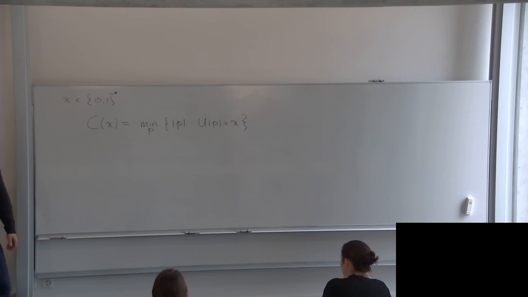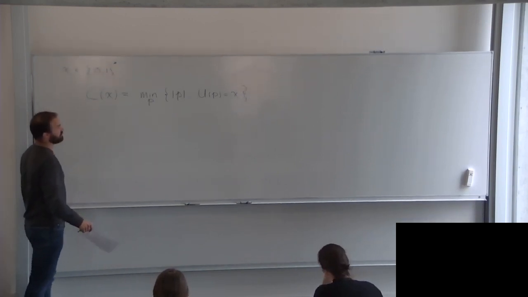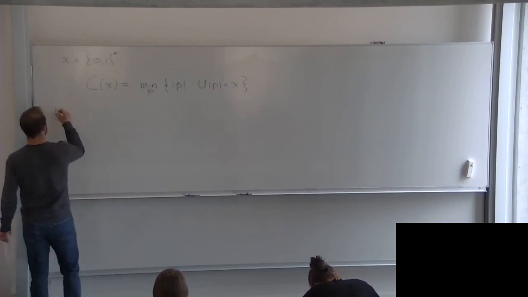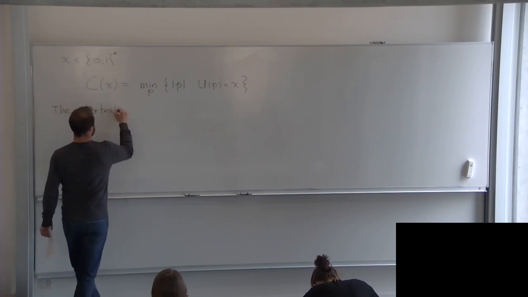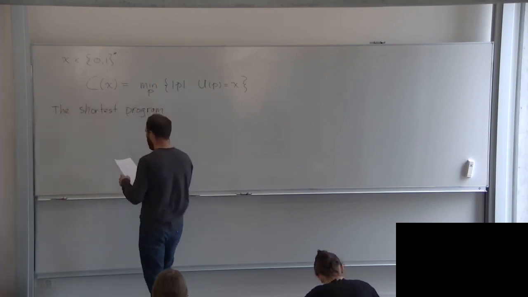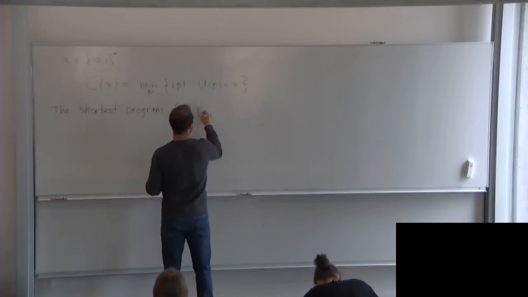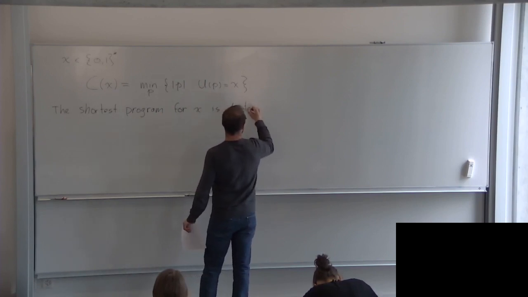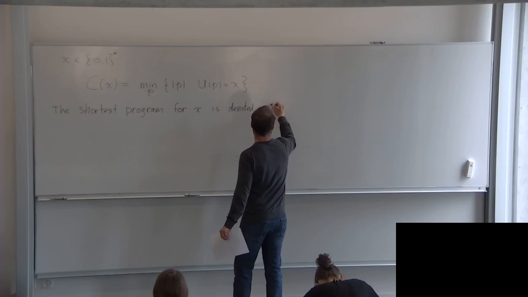Maybe I start with a useful definition. The shortest program for x is denoted x star.